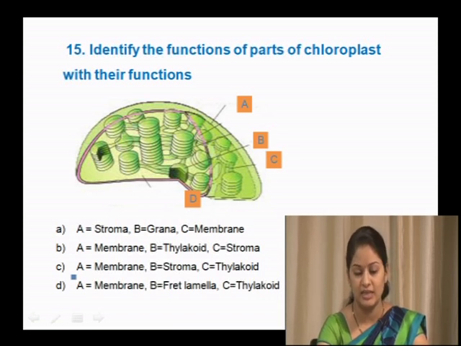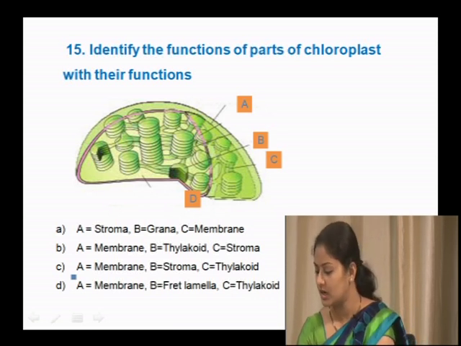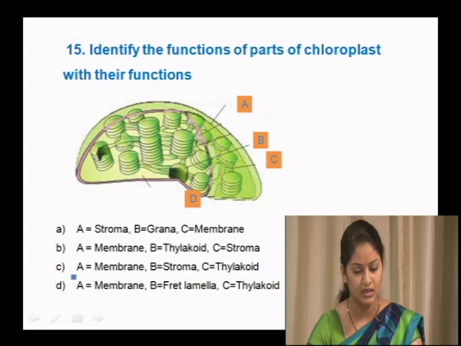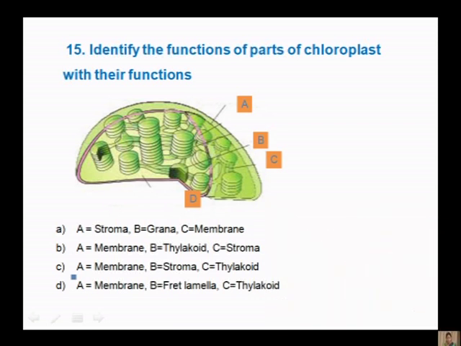B indicates the grana, that is the set of thylakoids, and option C indicates the stroma. So, the right answer for this question is option B.